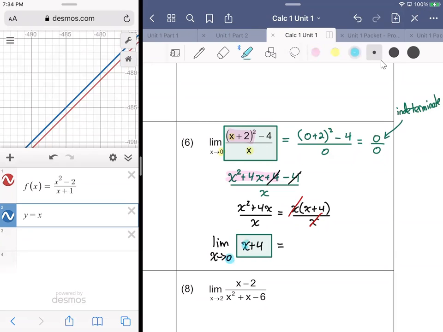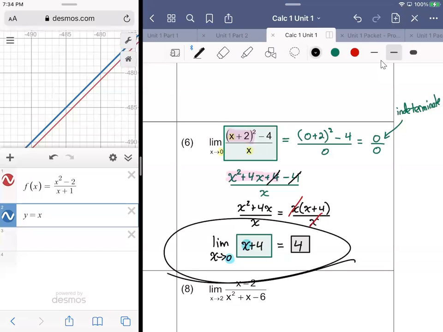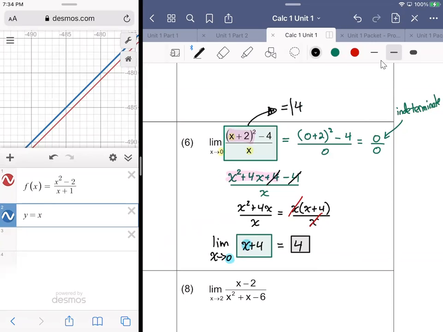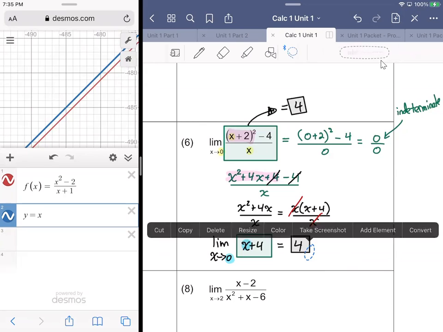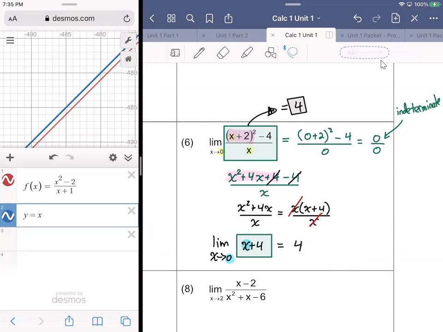I would replace my x with a 0, simplify, and get a 4. Right? 0 plus 4 is 4. And so that is the limit of this problem, but it also means that it's the limit of this one. So equals 4. And that's ultimately what we're looking for, the limit of the given question, not the simplified form. Right? So I really shouldn't have even boxed this. All right. So this would be our final answer.